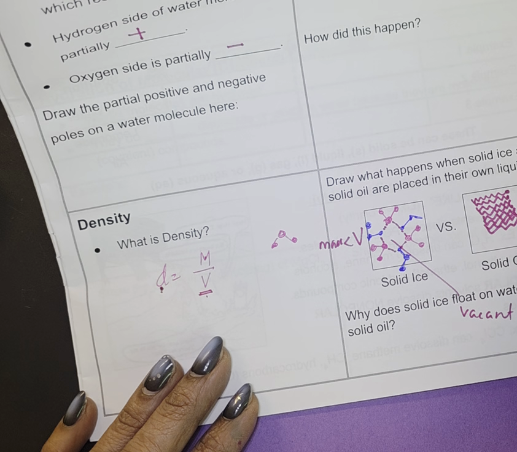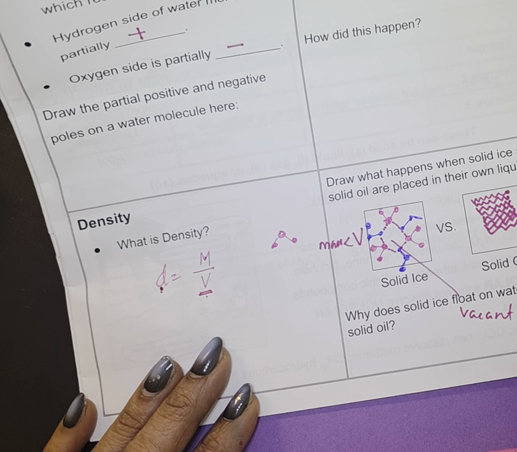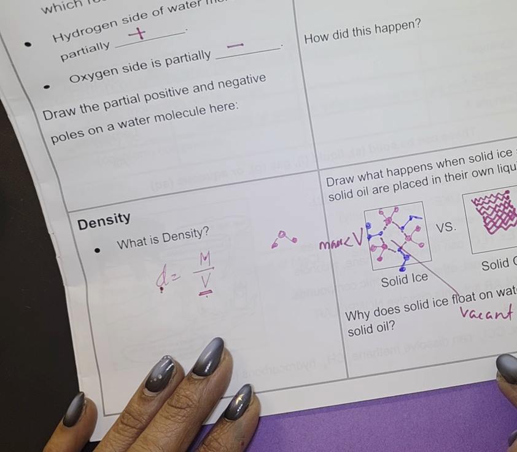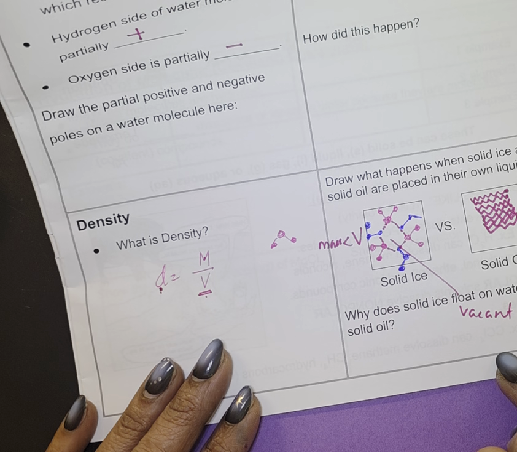So they have higher mass and lower volume, so they have higher density. That's why solid oil will sink in water. Usually oil in liquid state will float in water, but if it solidifies, what will it do? It will sink in water.